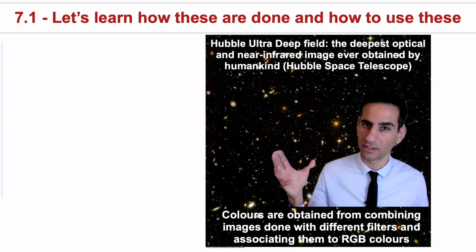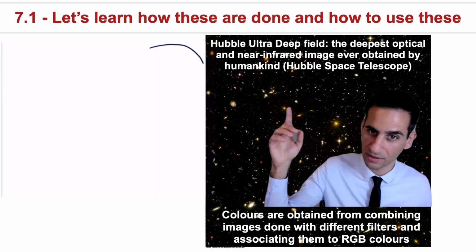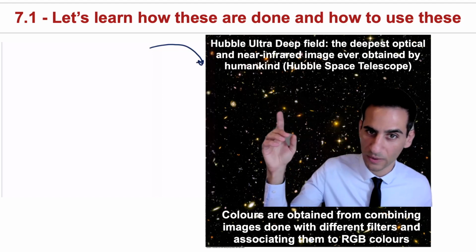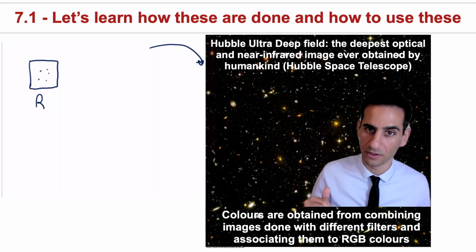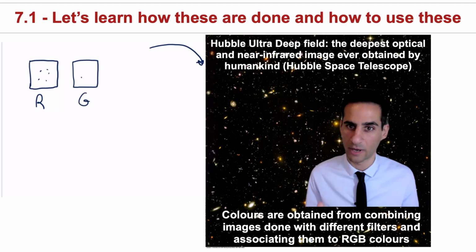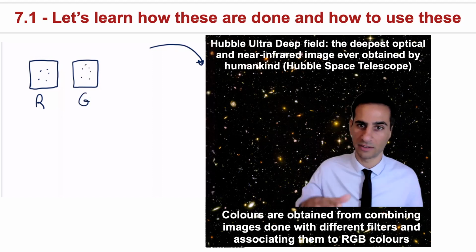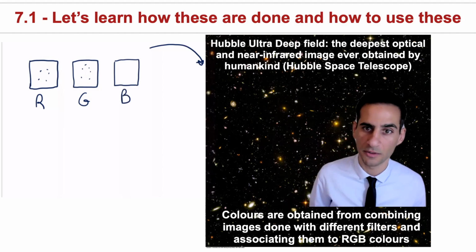The other important thing to realize is that images such as these, even though you can see color, you can see bluer or redder galaxies, the way you actually obtain them is by combining images. Most of the data captured in astronomy is monochromatic. It will just tell you about the XY positions and then some intensity, which will correspond to flux.